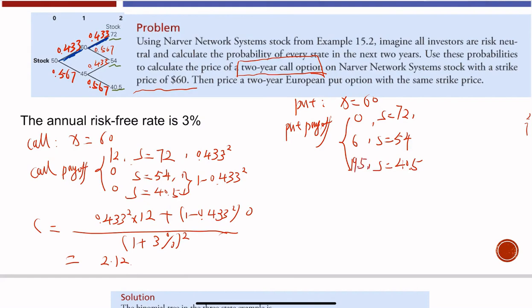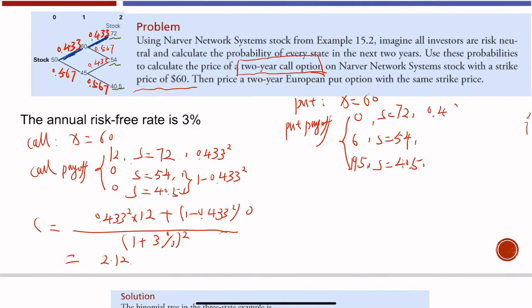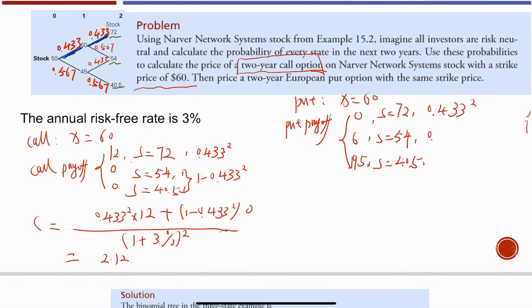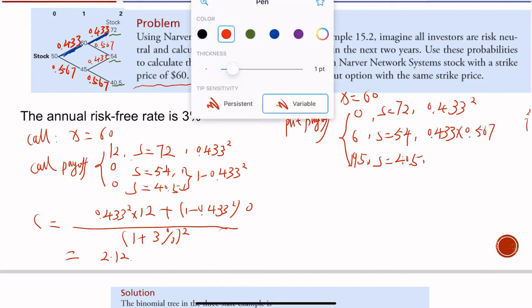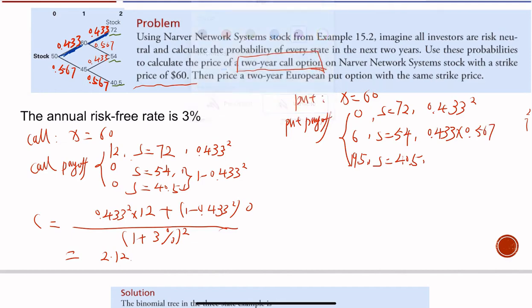Now, what are the probabilities? Well, we have learned the probability that the stock price turns out to be 72 is 0.433 squared. And the probability that the stock price turns out to be $54 would be 0.433 times 0.567, and you can see that you have two paths.